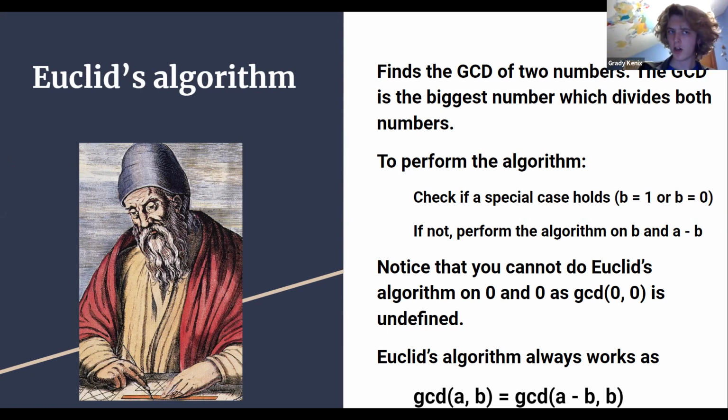The first one here works because 1 only has 1 as a factor. And the second one here works because 0 has every number as a factor, because 0 can be written as, for example, the GCD of 3 and 0 equals 3, because 0 equals 3 times 0. So first up, we check if one of those special cases holds.